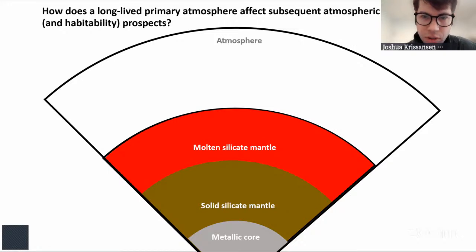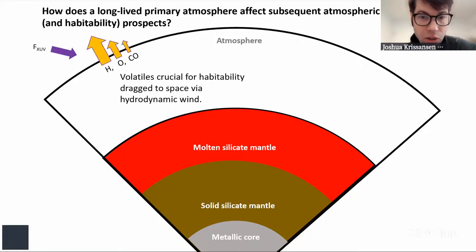Of course, you potentially have a lot of atmospheric loss, particularly around stars that are very active in the XUV, and this can drive a lot of hydrodynamic escape of hydrogen, and then that escaping hydrogen can drag along with it heavier atmospheric constituents, oxygen, carbon-bearing species, that could potentially strip your planet of all secondary volatiles and leave it like a bare rock. So we need to capture this escape process.